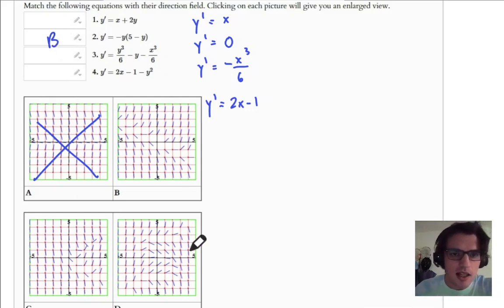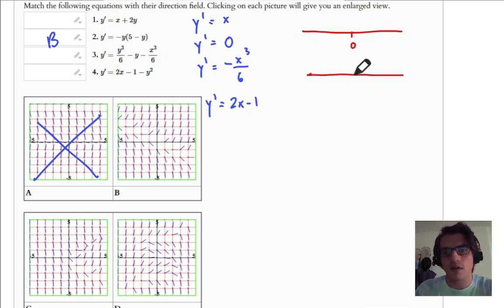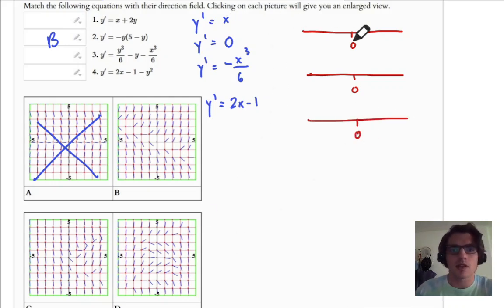Okay, and then let's maybe look at the other 3. What's going on as we move across the x-axis from -5 to 5? Okay, so x at -5 would be -5, down, down more than that.